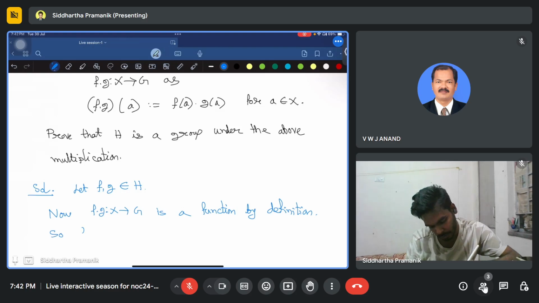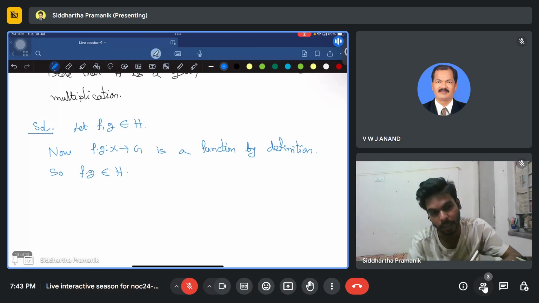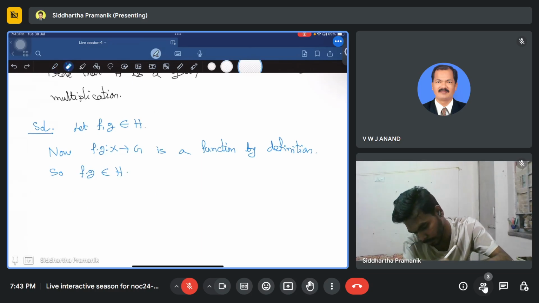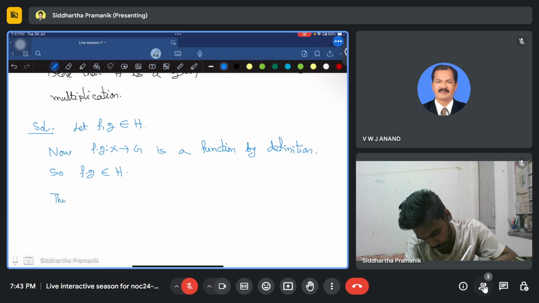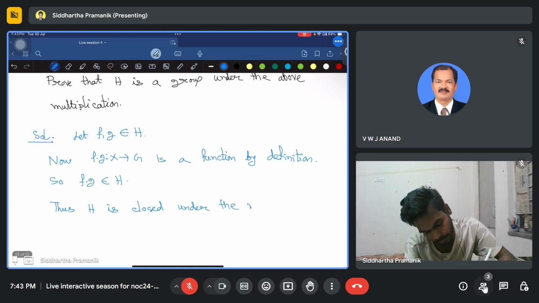So this product should lie in H. So H is closed under the operation. Thus H is closed under the multiplication defined above.